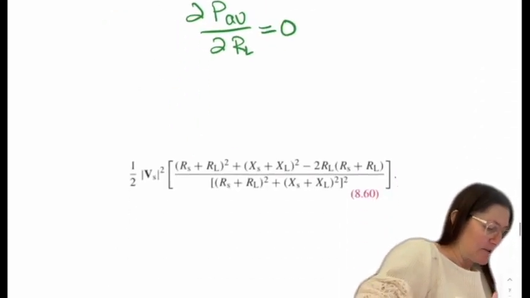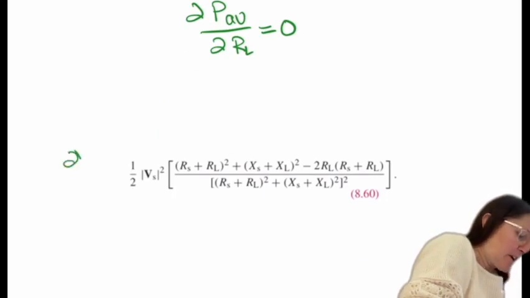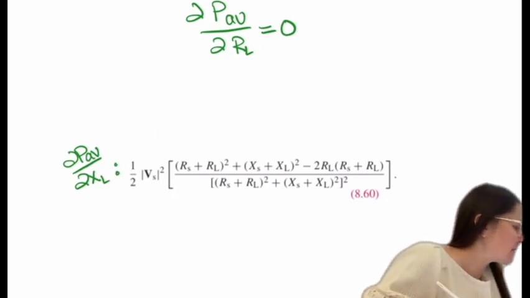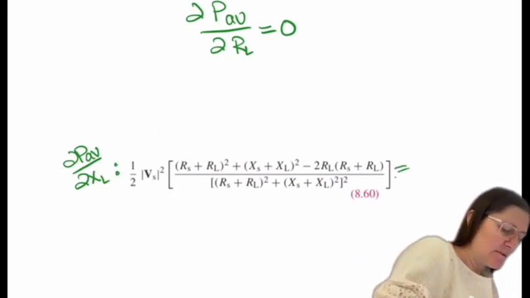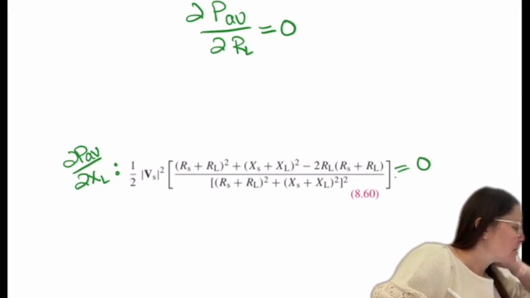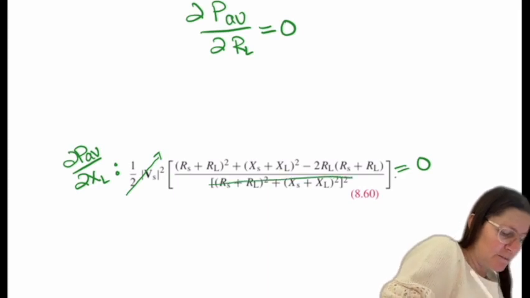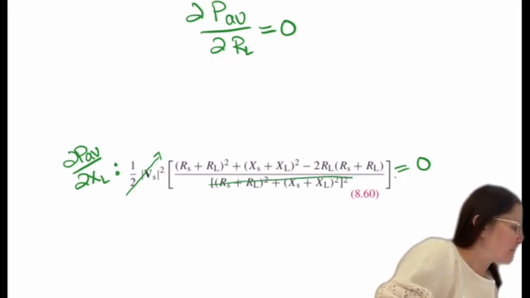And then this is where it gets really messy. So just trust that the math is correct. So you take it with respect to XL and you set it equal to 0. That means this will go over to the other side, and this will multiply over to the other side.